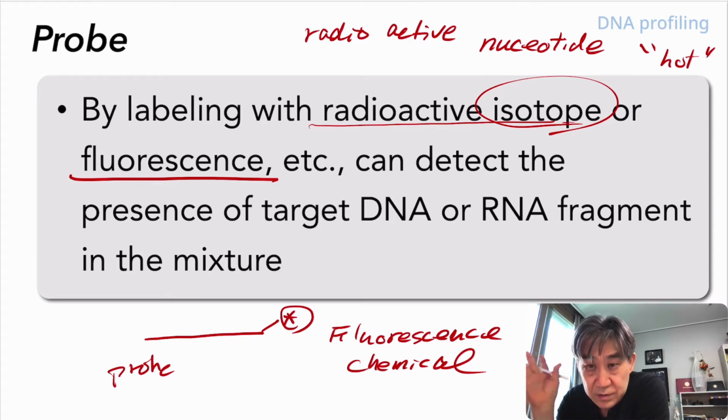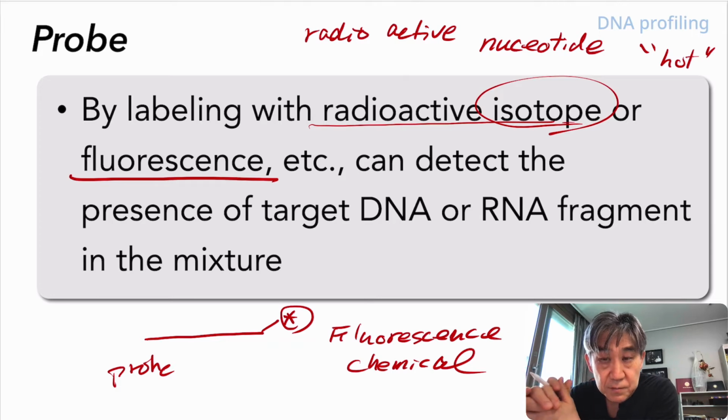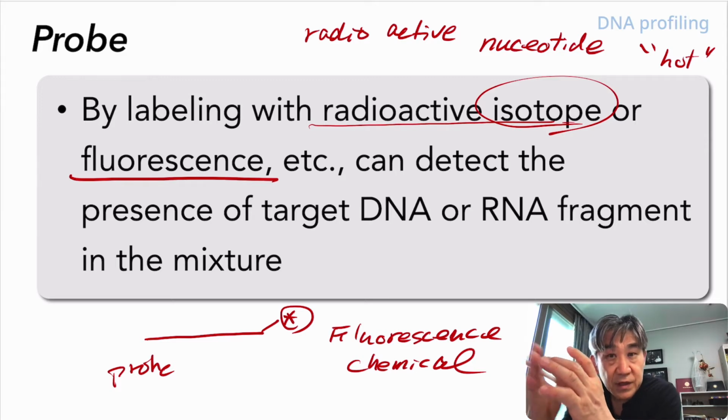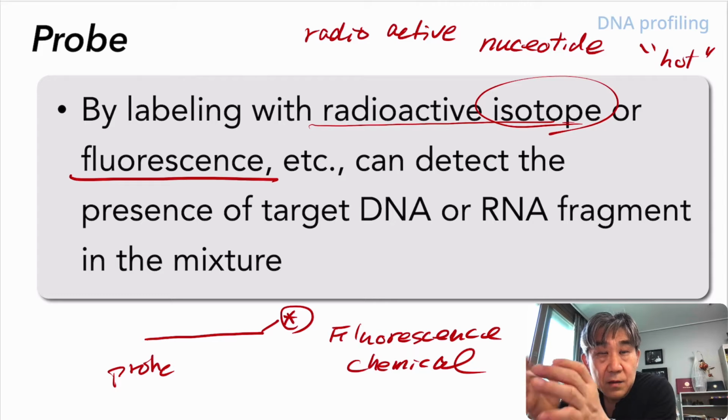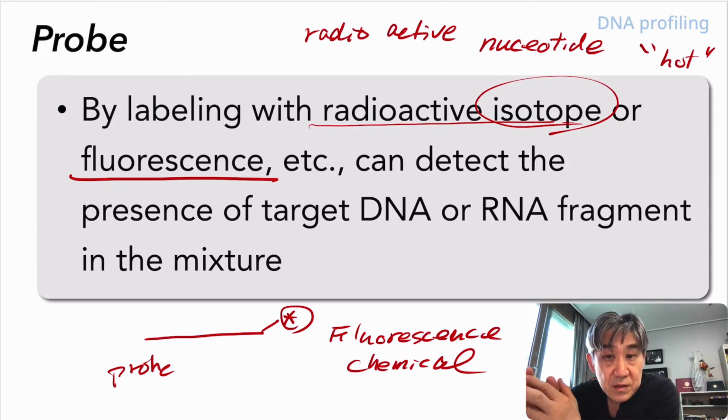Now the point is, now you can know where your probe DNA is. And in this complementary base pairing principle, where the probe is present, you can assume that your target DNA is also there, held together through this complementary base pairing. That is the key.